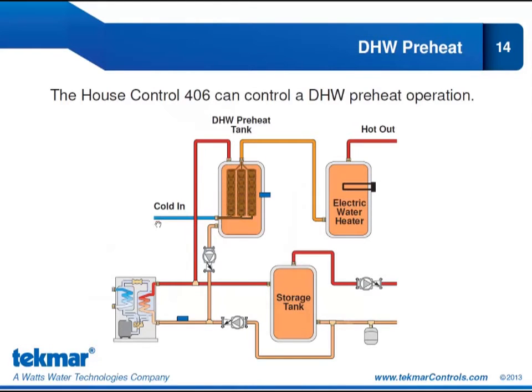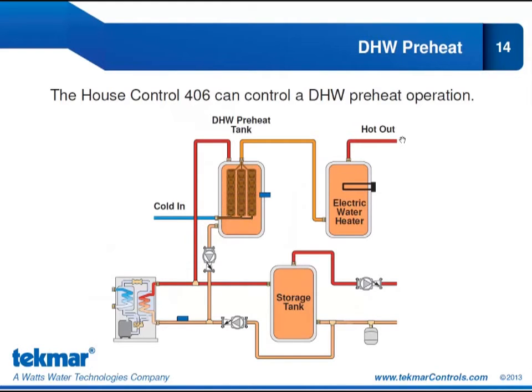Now you can see we have cold city water that's going to be circulating through these heat exchangers, and it will collect all the heat it can in this preheat tank before moving over to a second domestic hot water tank. And in this tank we have an electric element that can boost that temperature to the level it needs to be at, and then we're going to pull that hot water out for domestic hot water to our system.